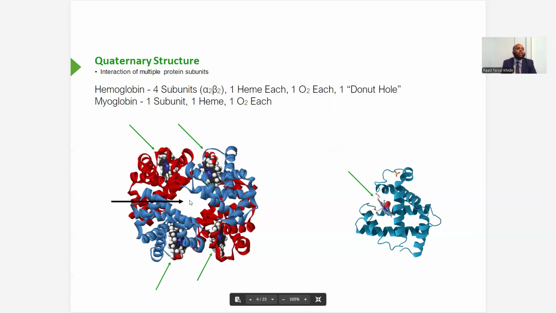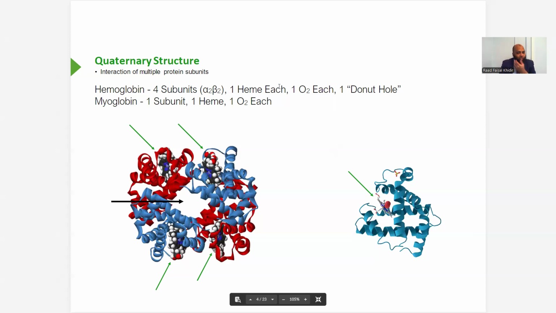So if hemoglobin has 4 subunits, how many heme groups does it have? 4. And how many oxygens will it have? 4. When oxygen is unloaded and carbon dioxide is loaded, how many carbon dioxide molecules am I going to pick up? 4. So we're just going to replace them, and the heme is going to go from the ferrous state to the ferric state, Fe3+. Fe2+, ferrous, is when we are bound; ferric is when we let go.